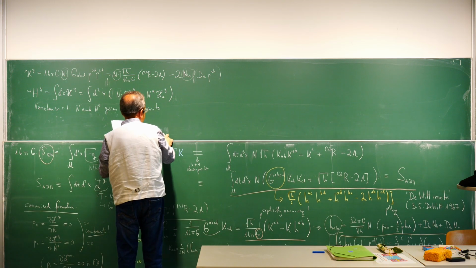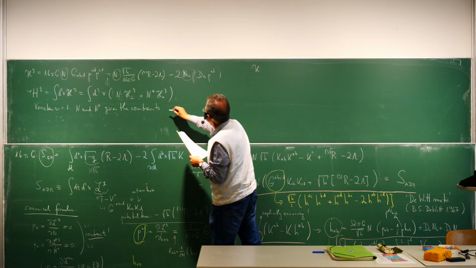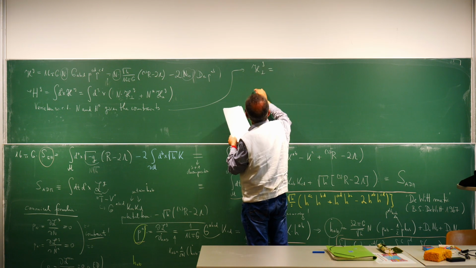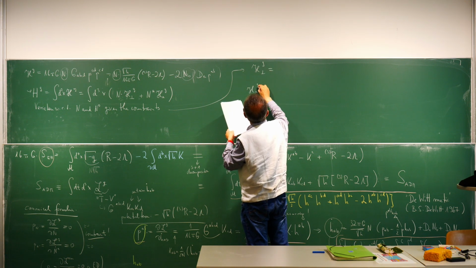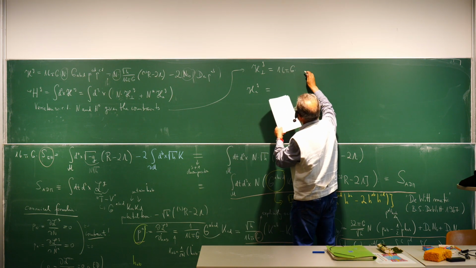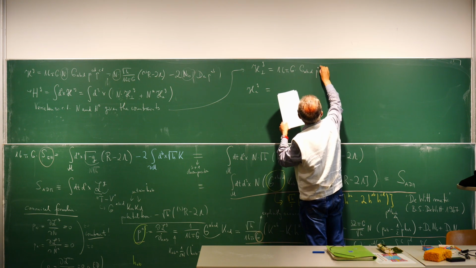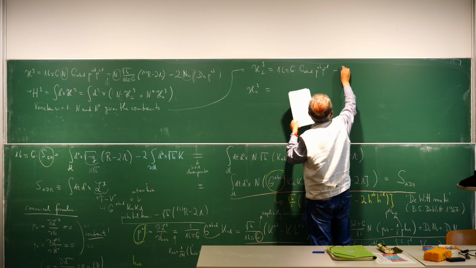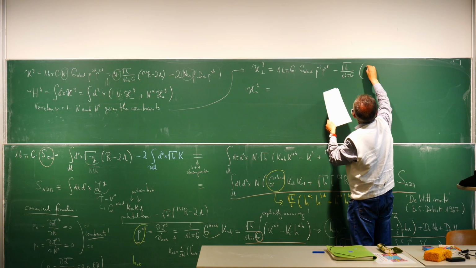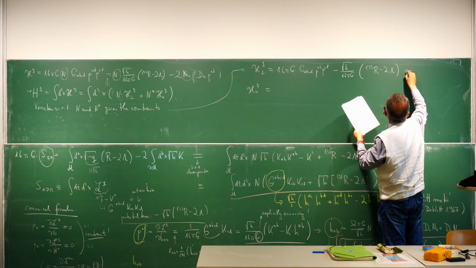Yeah, and let me write them down. So I continue here. H orthogonal of G and H_A of G, and this is 16 pi G times G_AB CD P^AB P^CD minus square root of H over 16 pi G, and then we have 3R minus 2 lambda is 0 as a constraint.